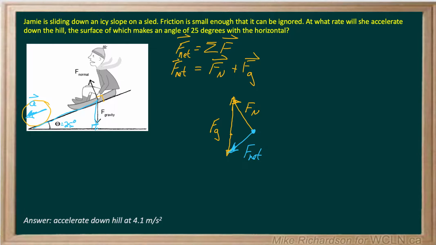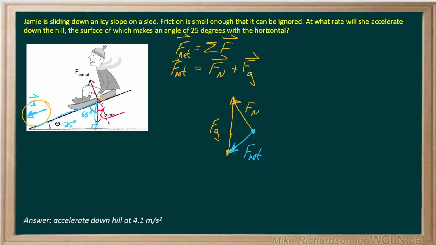So if this is 25 degrees and this is 90 and the angles have to add up to 180, we know this angle right in there is 65 degrees, which means, going back to this one right here, if I extend my normal force line straight down, that little sliver right there will be back to 25 degrees again.